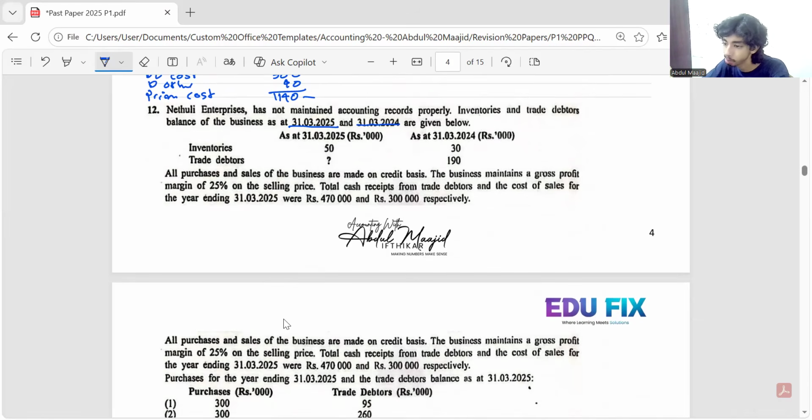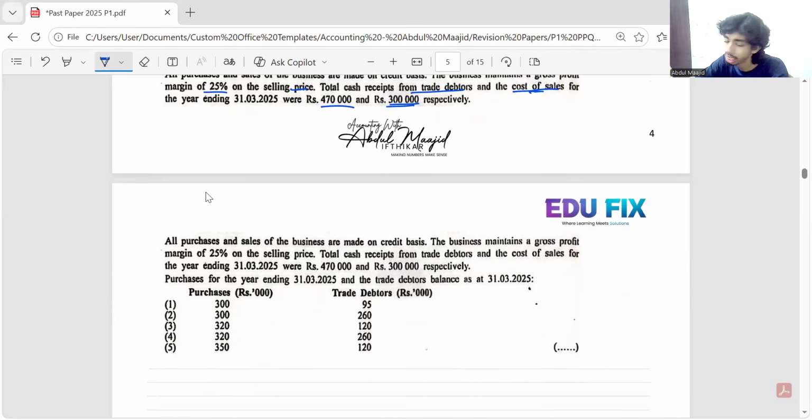The business maintains a gross profit margin of 25% on selling price. Total cash received from the debtors and cost of sales for the year ending 31st March 2025 were 470 and 300. The amount we got from debtors is 470. The cost of sales is 300,000.